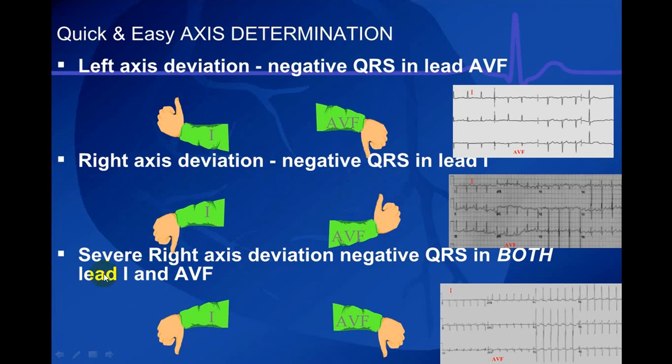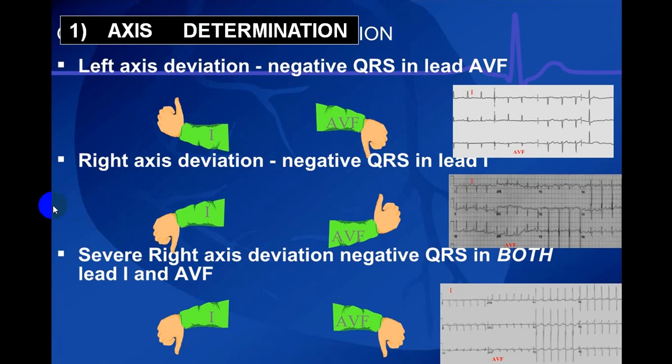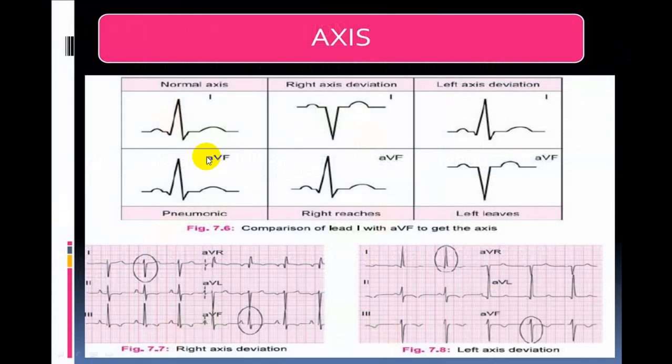While if both lead 1 and AVF are negative, then we call that an extreme right axis deviation or no man's land. This is a common thing which we utilize. But once in a while, if you look at this, this is clear cut: right axis deviation, lead 1 negative and AVF positive, while left axis deviation, lead 1 positive, AVF negative.